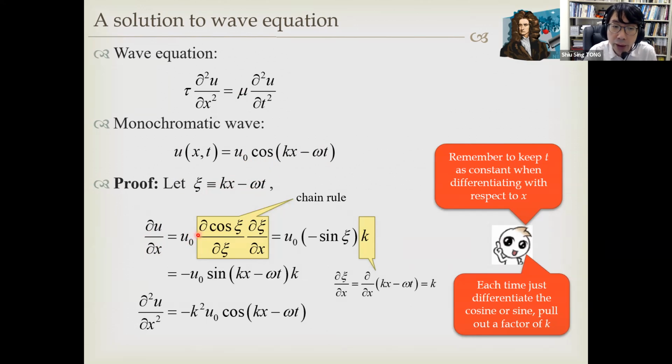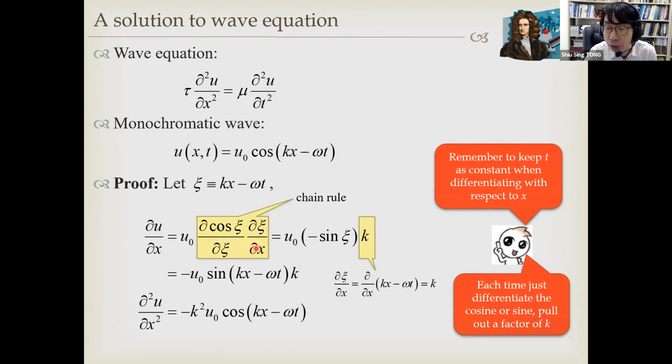The chain rule tells us that if I differentiate with respect to x, and C is a function of x, then we should differentiate the cosine with respect to C first, and then multiply by the derivative of C with respect to x. This is the usual chain rule.